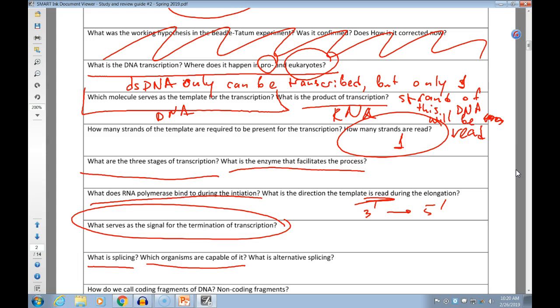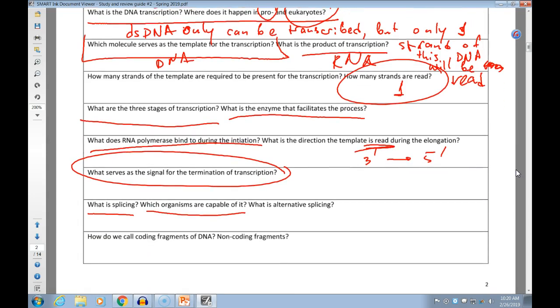And we talked about alternative splicing. In alternative splicing, different sets of exons are stitched together as the final mRNA transcript. Does that make sense? And alternative splicing allows you to have more than one protein encoded by the same gene.